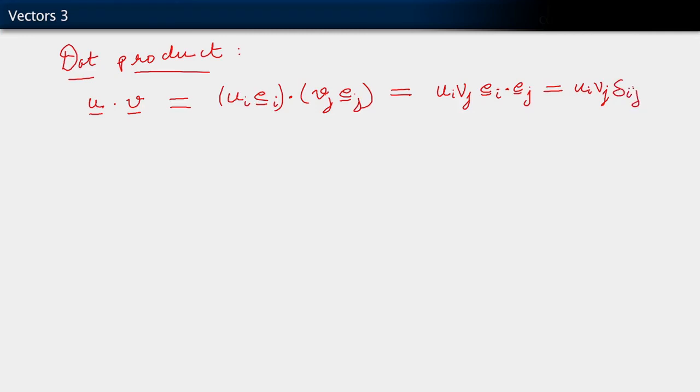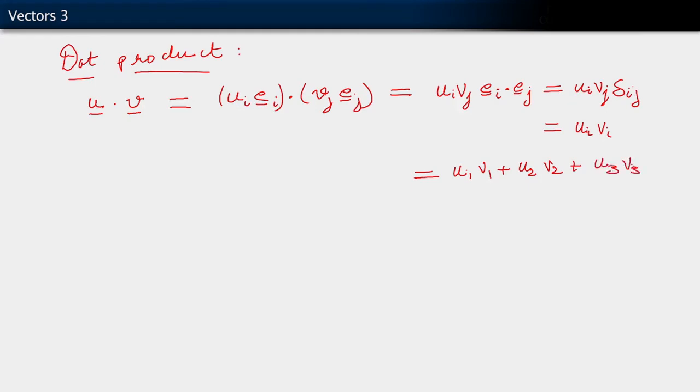The Kronecker delta then does its job, which is to enforce the requirement that those indices have to be the same. Otherwise, the Kronecker delta reduces to 0. So we see that this basically gives us ui vi, summation convention in place. So ui vi is u1 v1 plus u2 v2 plus u3 v3.